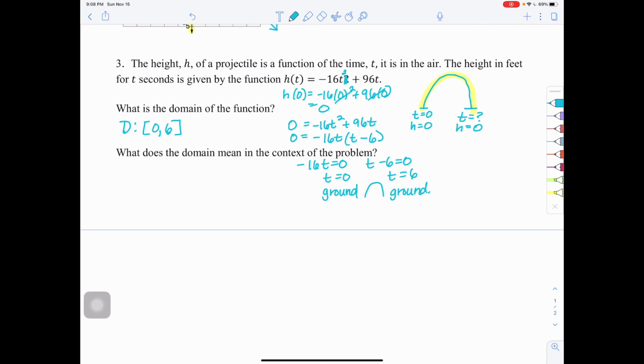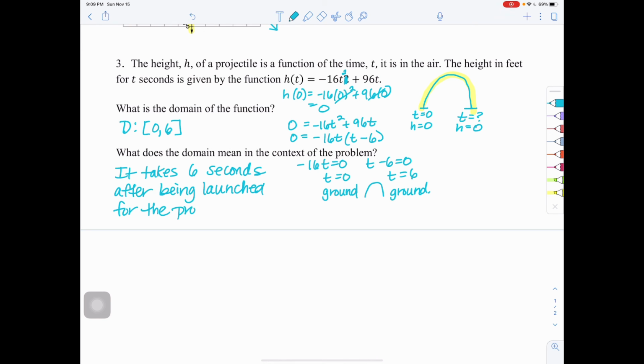Well, this means, the domain means it takes 6 seconds after being launched for the projectile to return to the ground. Okay, and that ends this part of section 3.2.